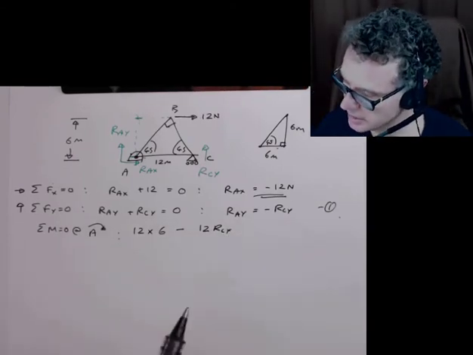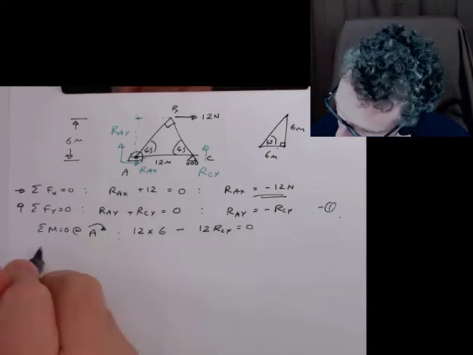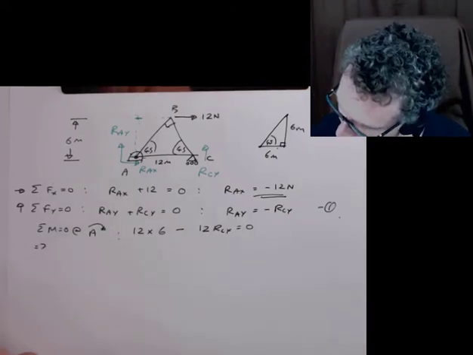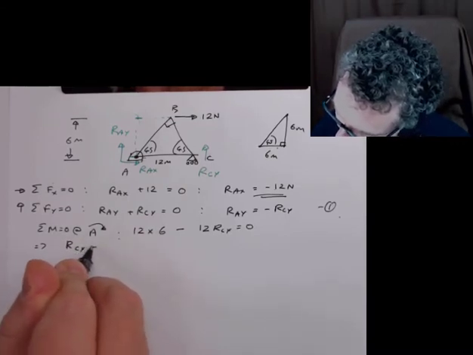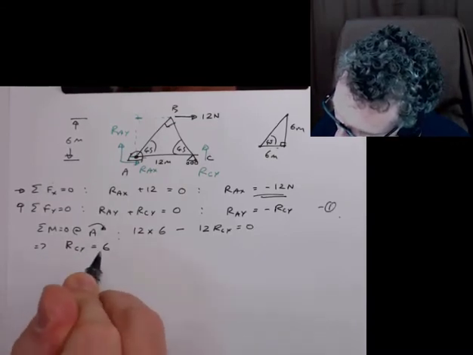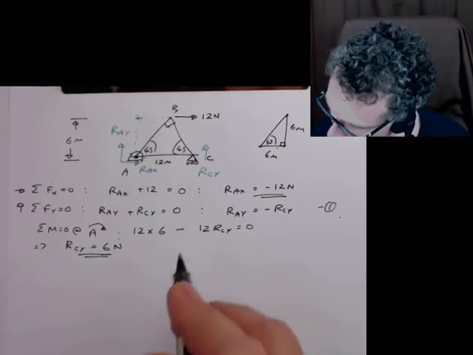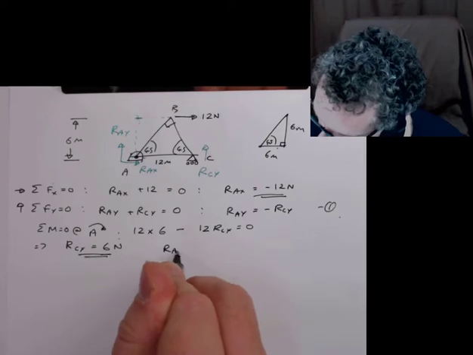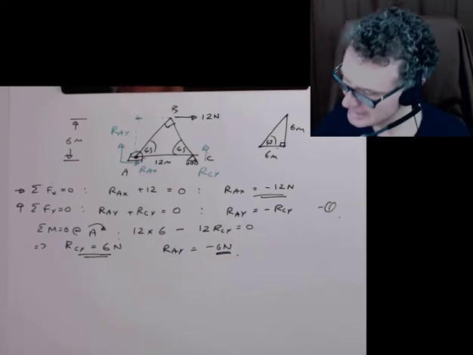Can you see that? And there's nothing else there, so that equals 0. So let me arrange it, and we get that RCY equals 6 newtons. Go back to equation 1, and we have RAY equals minus 6 newtons.